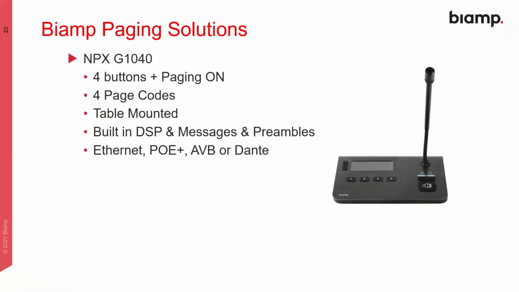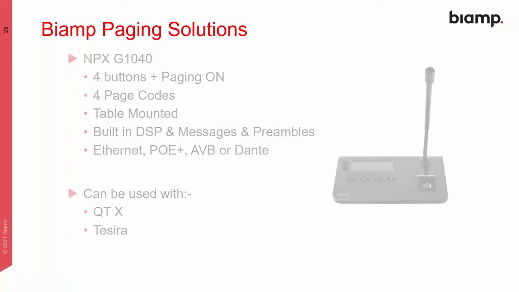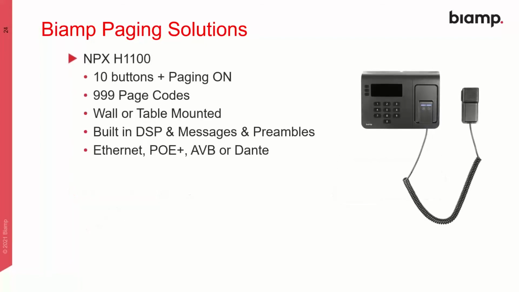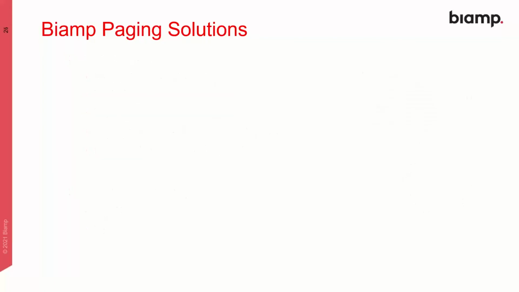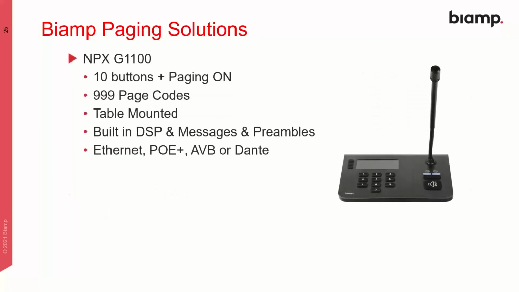Similarly, the MPXG 1040: 4 buttons and paging on, 4 page codes, table mounted, built-in DSP, and again QTX and Tessera. The wall mount version of the same has 10 buttons and up to 999 page codes, again QTX and Tessera. And then the desk mount version with 10 buttons plus the paging on button, 999 page codes.